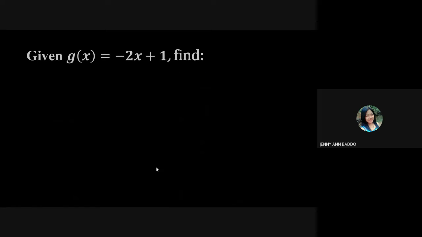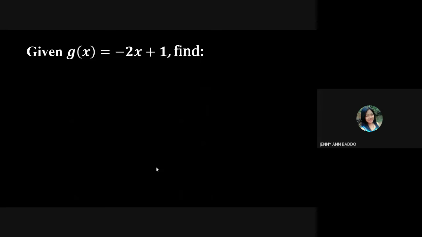Another linear function. Given g of x equals negative 2x plus 1, find first g of a. So this time, the given value is a letter, not a number. So what should we do?